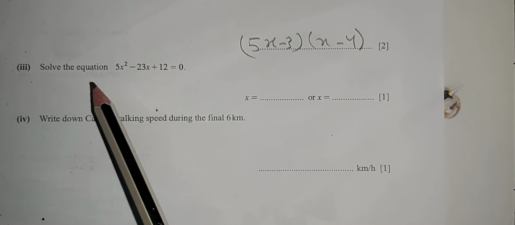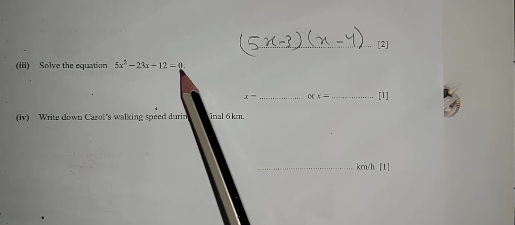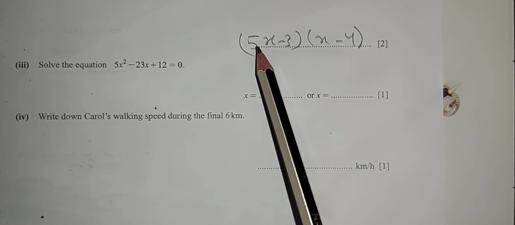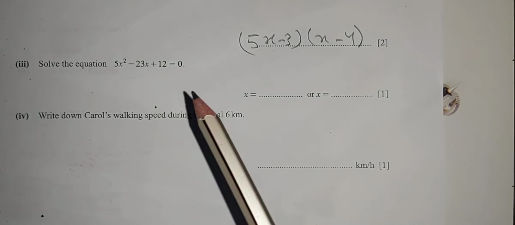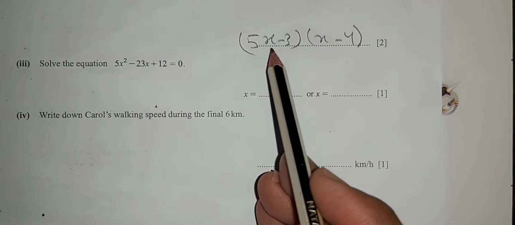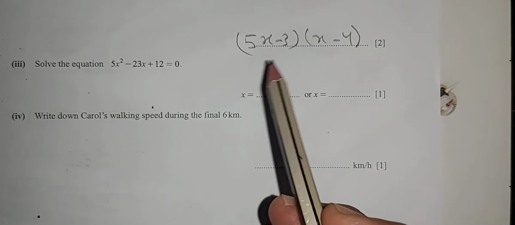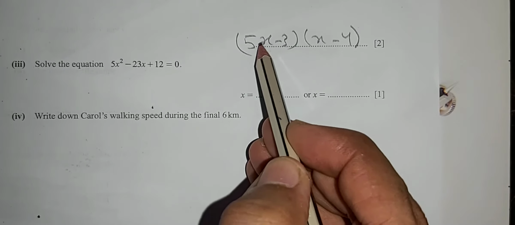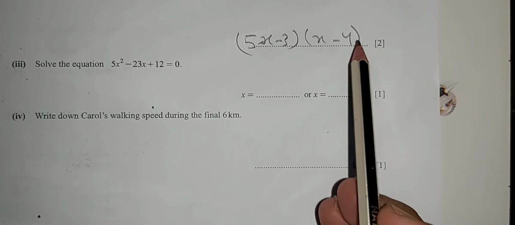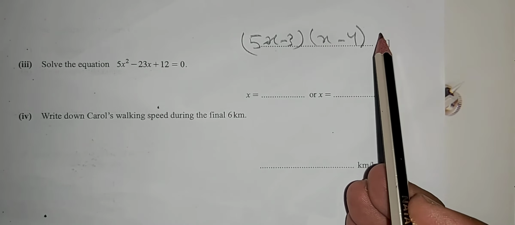In this part, solve the equation 5x squared minus 23x plus 12 equals 0. We already factorized it up here. This is for 1 mark only, so we can mentally find the roots, or values of x, when we put 5x minus 3 times x minus 4 equals 0.